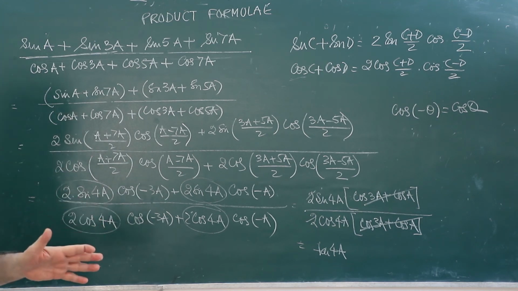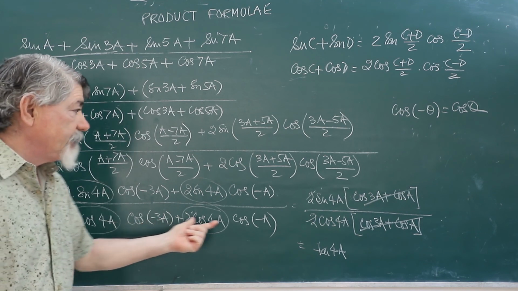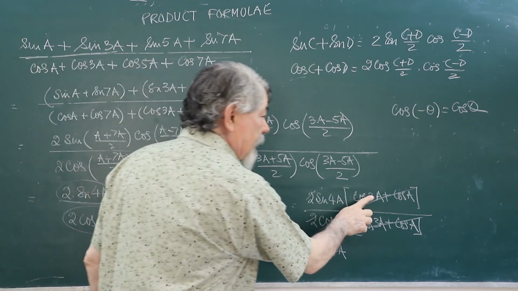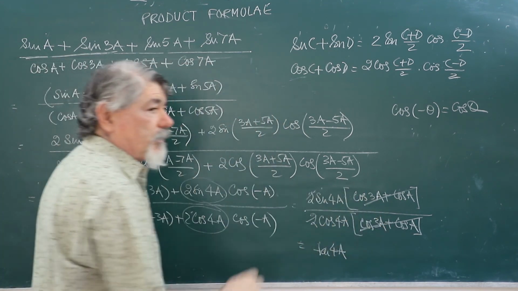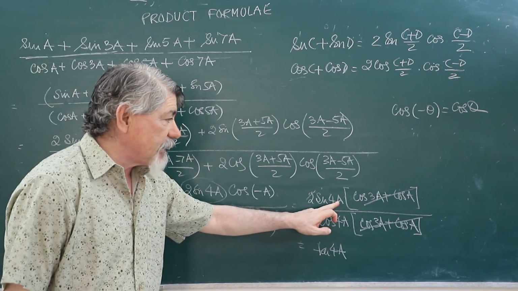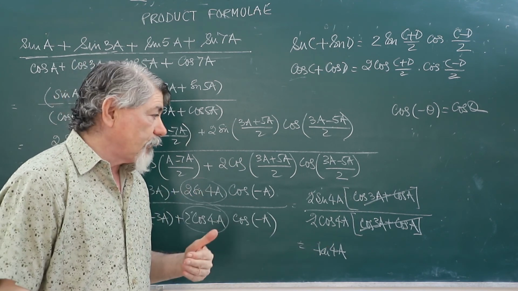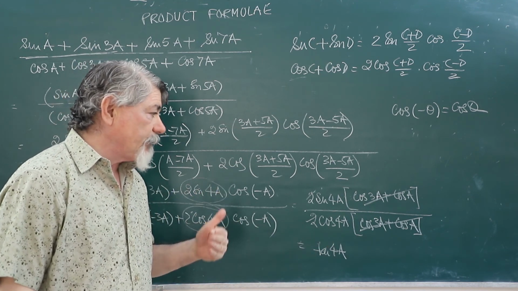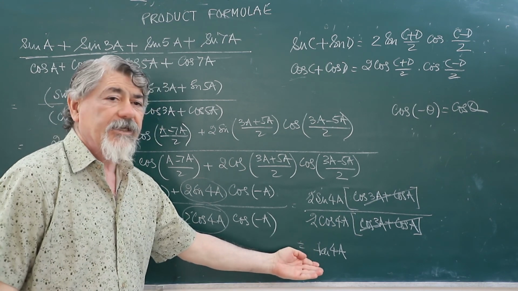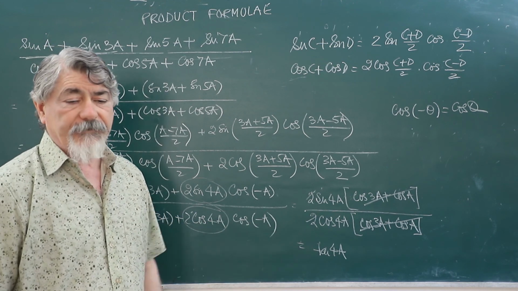Inside, cos 3A plus cos A and cos 3A plus cos A will cancel from numerator to denominator. The 2 will cancel, and I will get sine 4A upon cos 4A, which will yield tan 4A, which I had to obtain. It is equal to tan 4A.